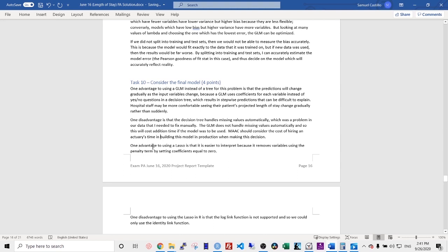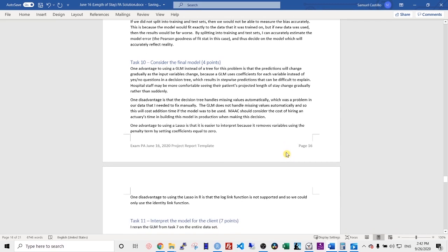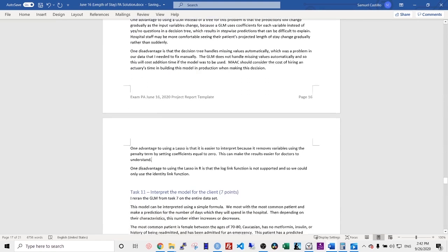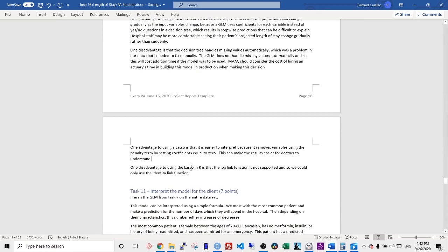Finally, one advantage to using a lasso is that it is easier to interpret because it removes variables using the penalty term by setting coefficients to 0. This can make the result easier for doctors to understand. Finally, one disadvantage to using the lasso in R is that the log link function is not supported, and so we could only use the identity link function.